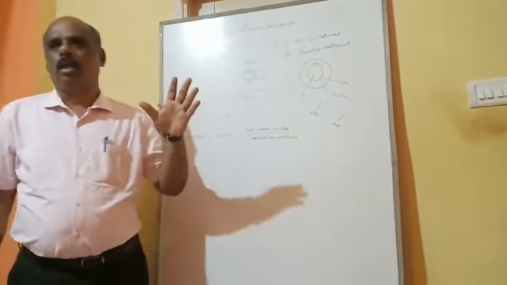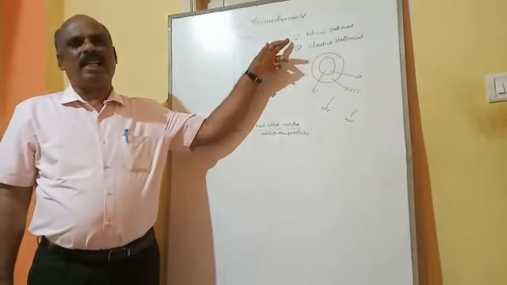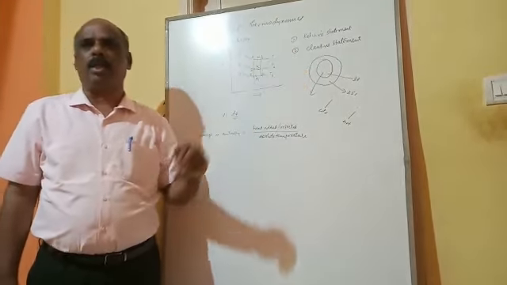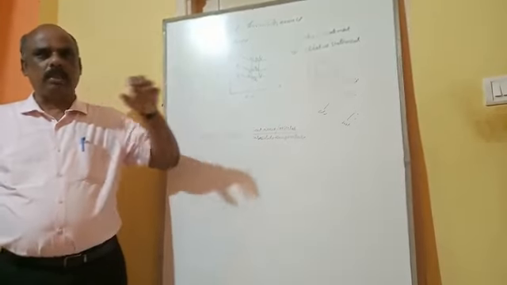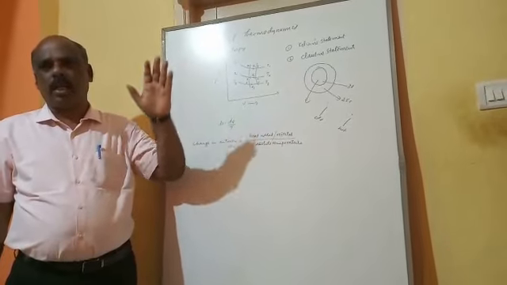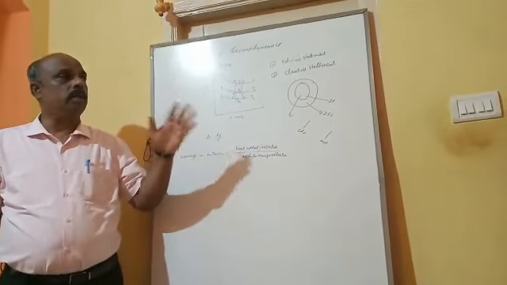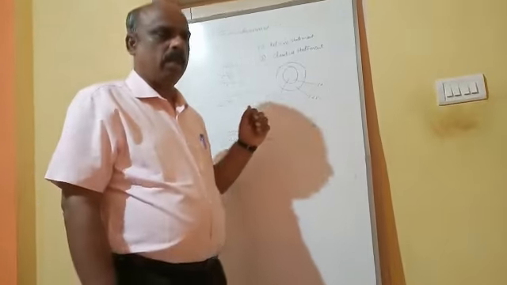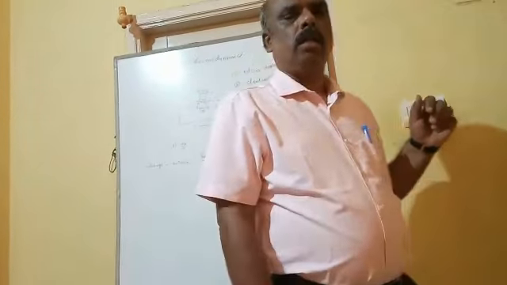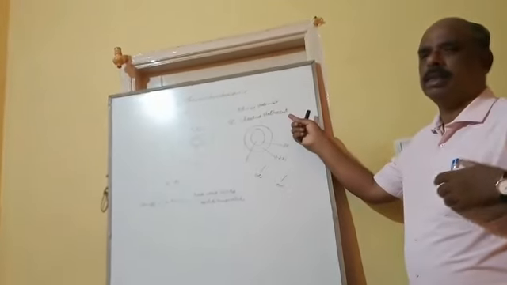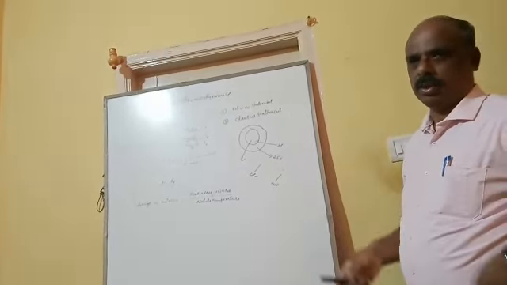Because of that, you have to give very clear-cut statements while writing in the examination also. Because in physics, a statement must contain the correct words, then only they will give the marks. So let us see one by one the statement of Kelvin and the statement of Clausius.